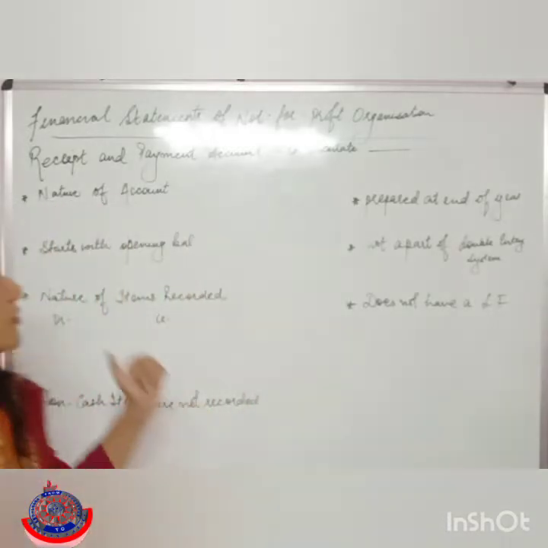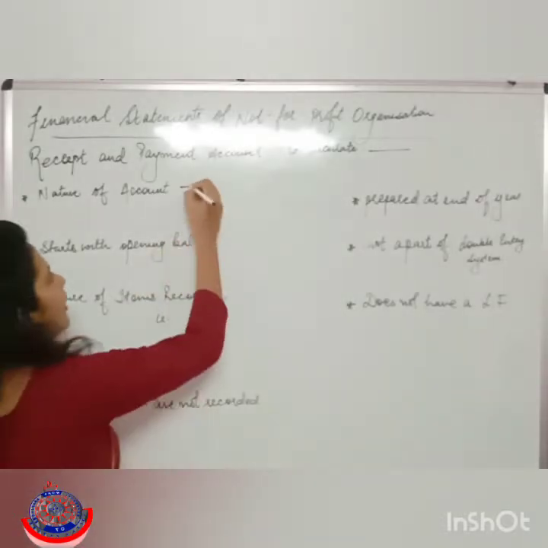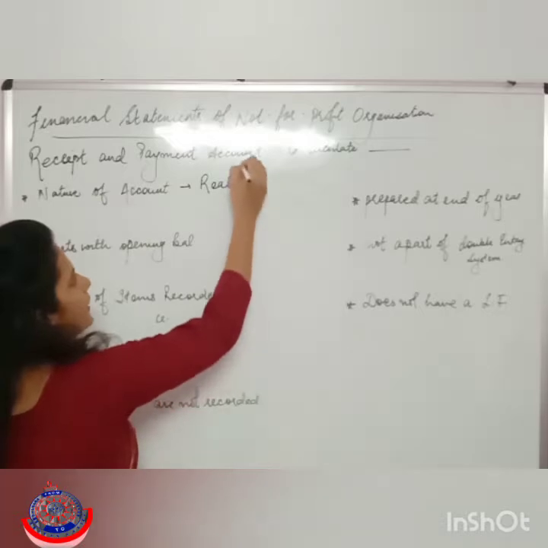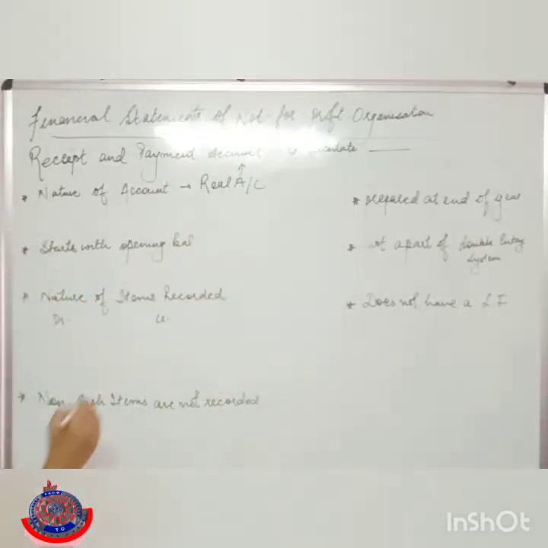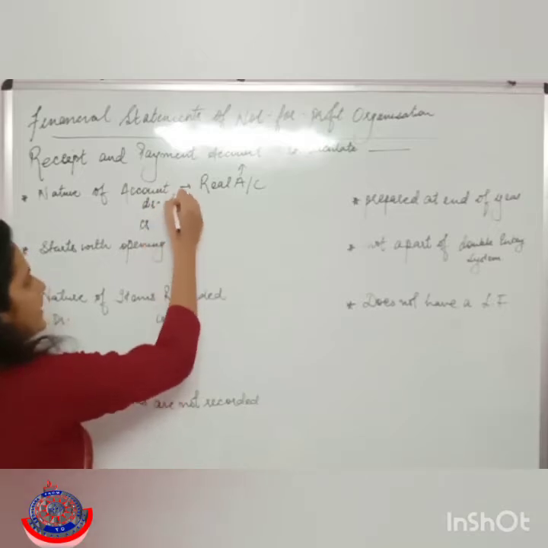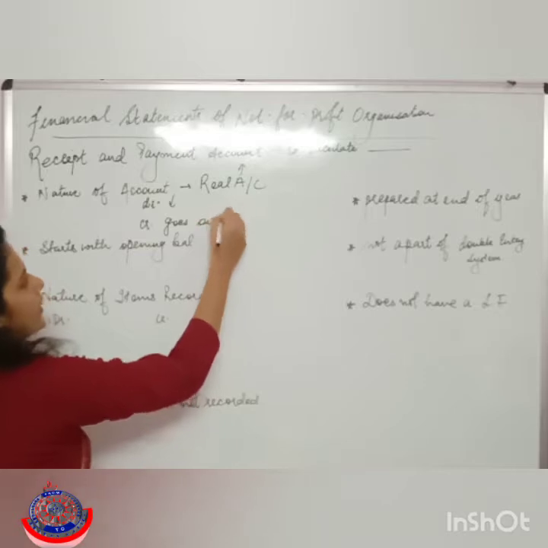Here also the same rule will be implemented on the receipt and payment account, that the nature of the account is real. The receipt and payment account is a real account, right? The rule is: debit what comes in and credit what goes out.